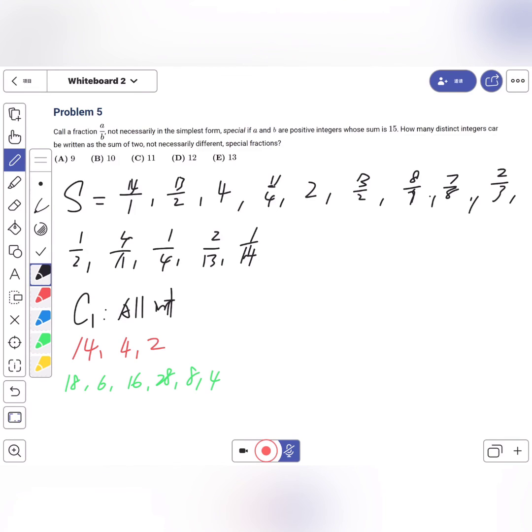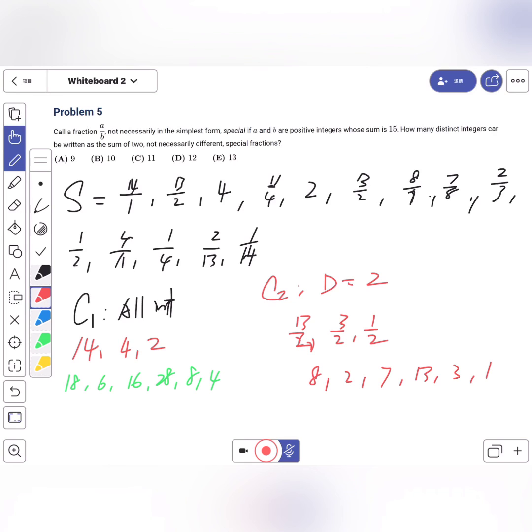So we're also going to account for a second case. Case 2, where the denominator is equal to 2. This will give us 13 over 2, 3 over 2, and 1 over 2. This will give us 8, 2, and 7, and then double these, 3, 1.